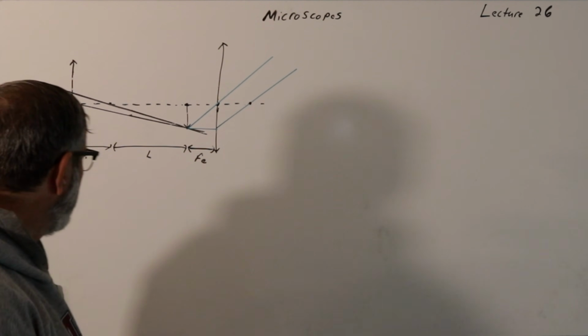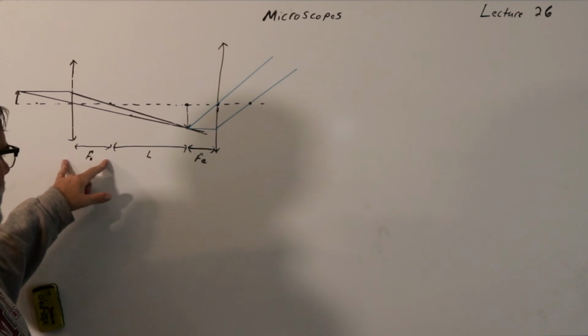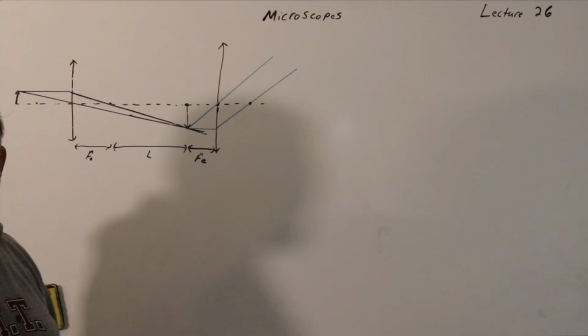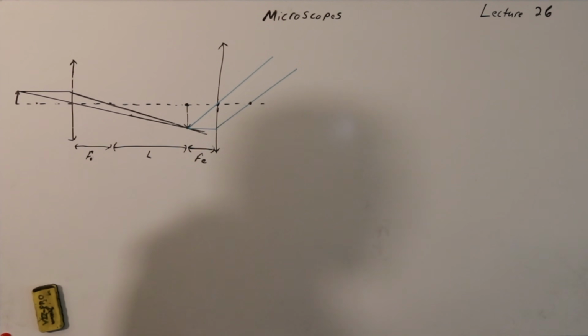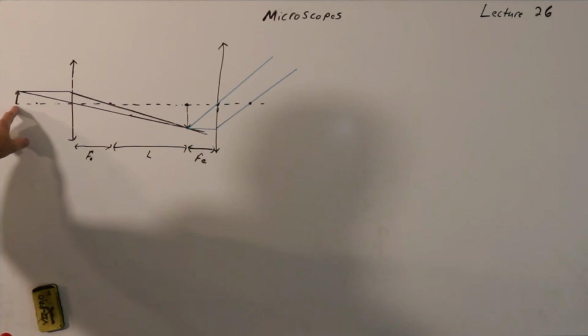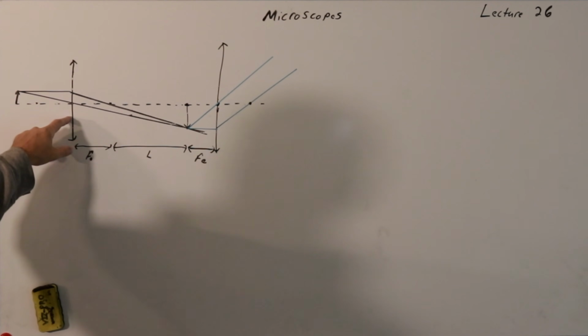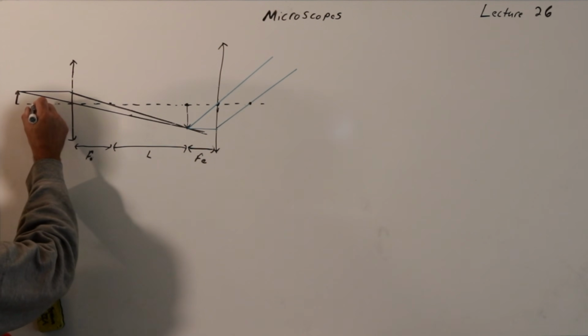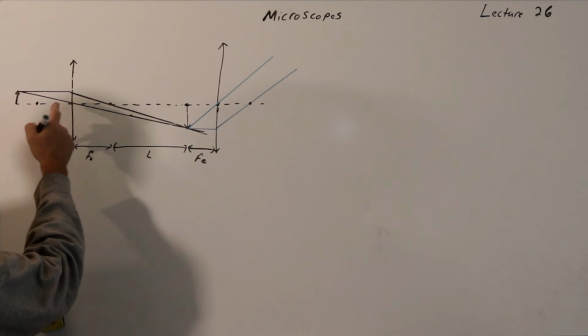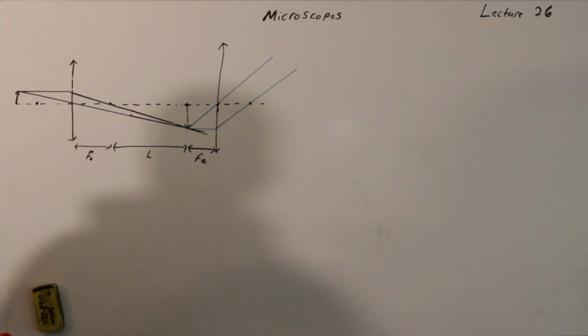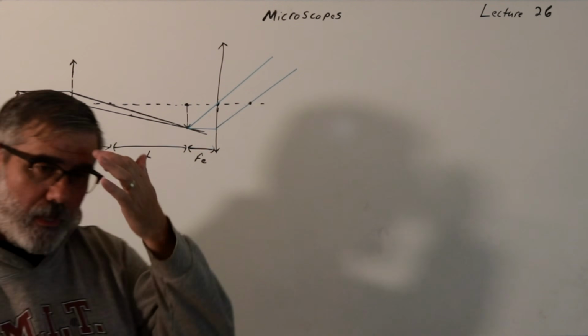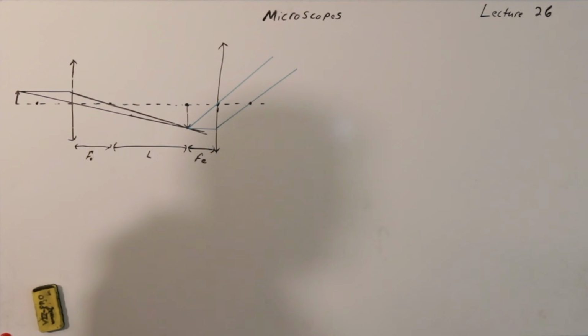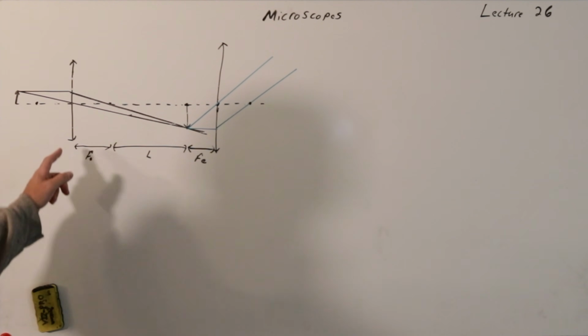The difference is that the objective lens and eyepiece focal lengths are both very small. So the object that we're imaging is going to be very close to the objective lens. Now, what side of the focus do we want it to be on? Do we want the object distance to be less than the focal length or greater than the focal length of the objective lens?